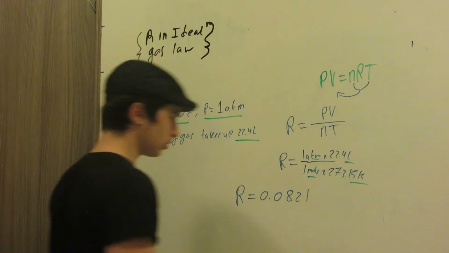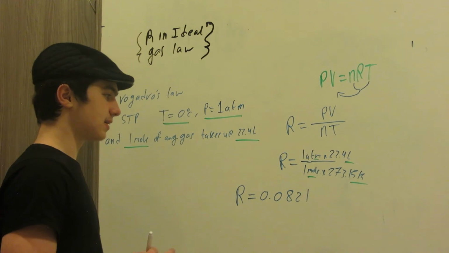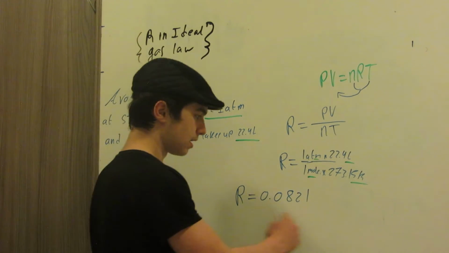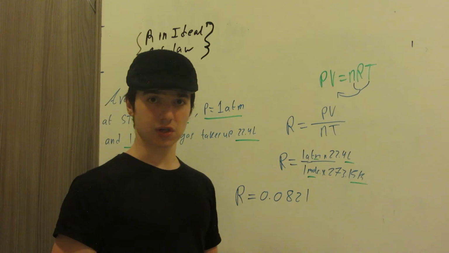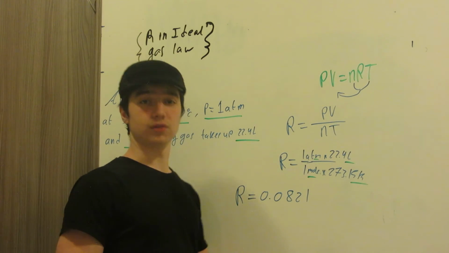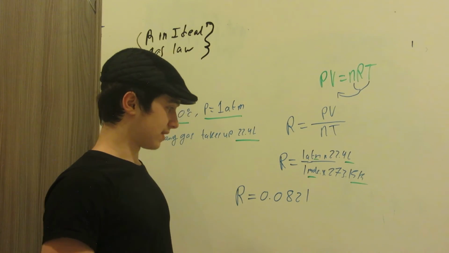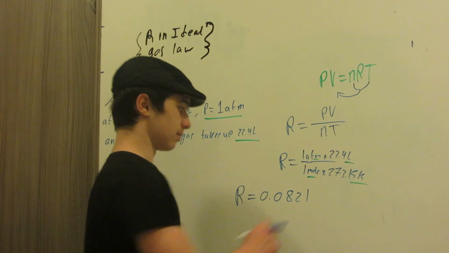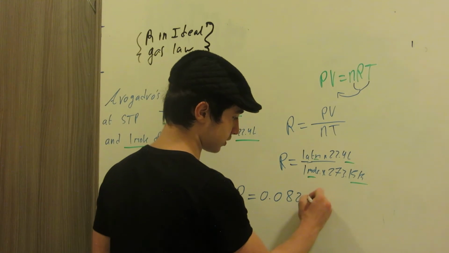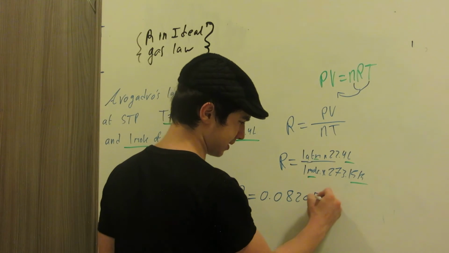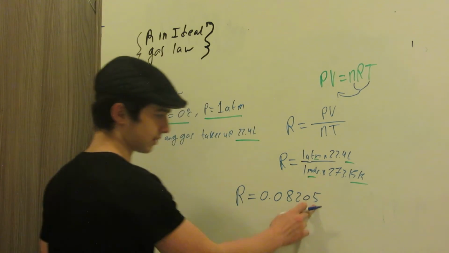0.0821. Now I don't know what's with my calculator, but it just gave me this number because I tried other calculators just to be sure that the number is correct, and I got different numbers. For example, we got a 0 right over here and a 5 or something larger than that.